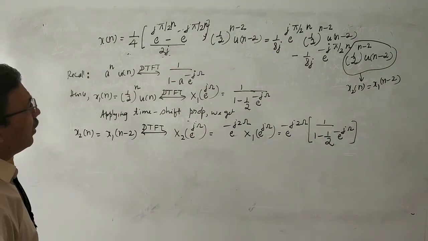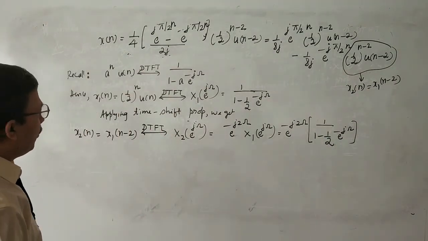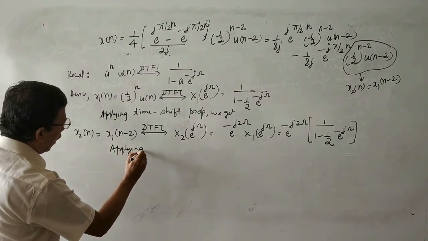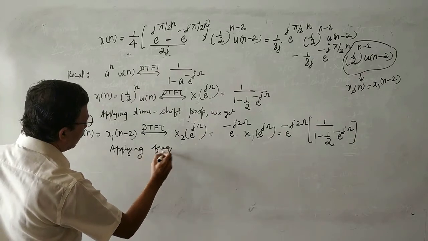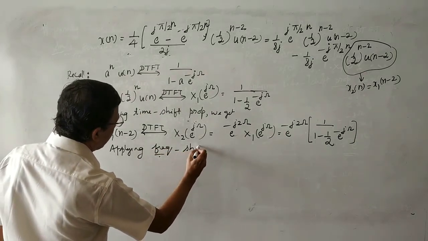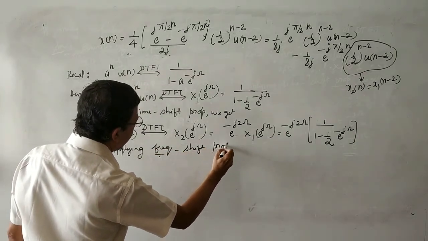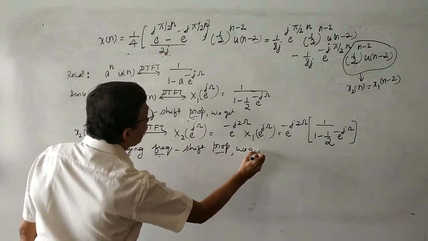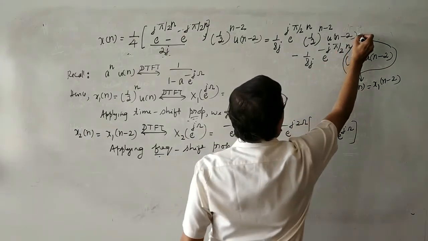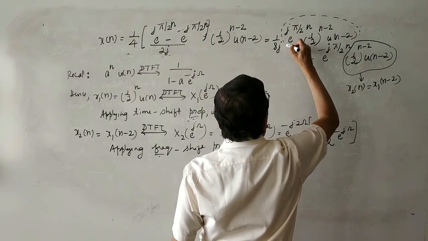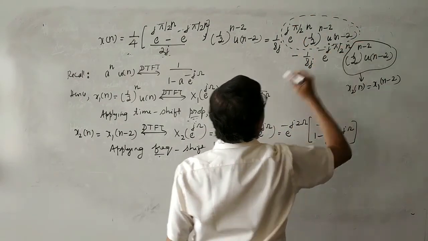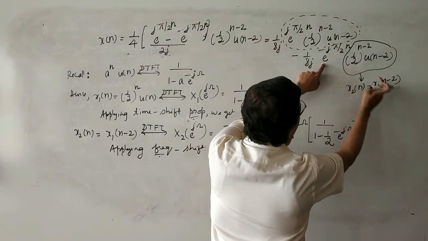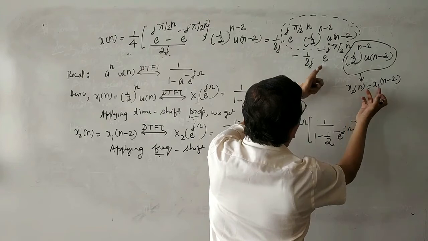Next, I will apply frequency shift property. Applying frequency shift property, we get. Please note that what I am putting inside this dotted box, I will call it x3 of n. e to the power minus j pi by 2n multiplied by x2 of n will be called x4 of n.